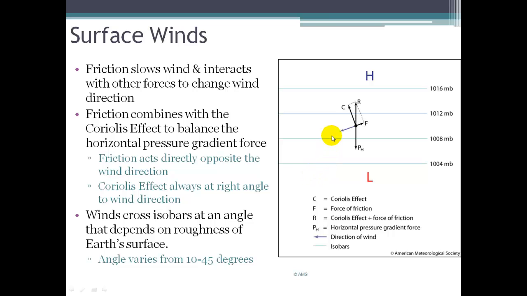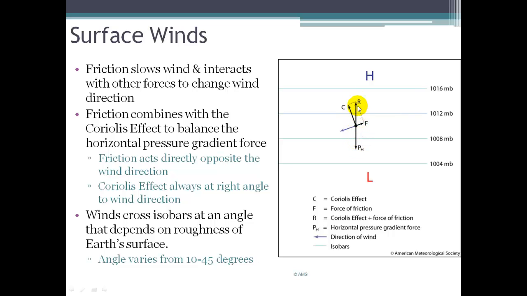And in addition to that, we have friction. So here's the magnitude showing friction, which always works exactly opposite the wind flow. So we have a net effect between the Coriolis effect and the force of friction, which is called R. It's just the combination of the Coriolis effect and the force of friction, and it's acting in direct opposition to the pressure gradient force.